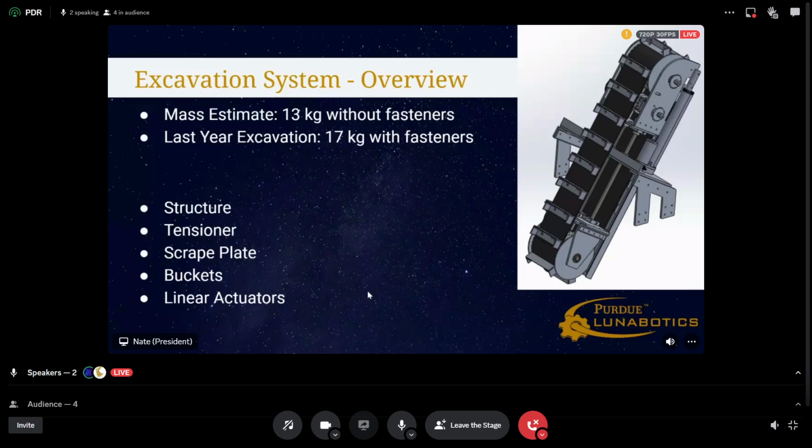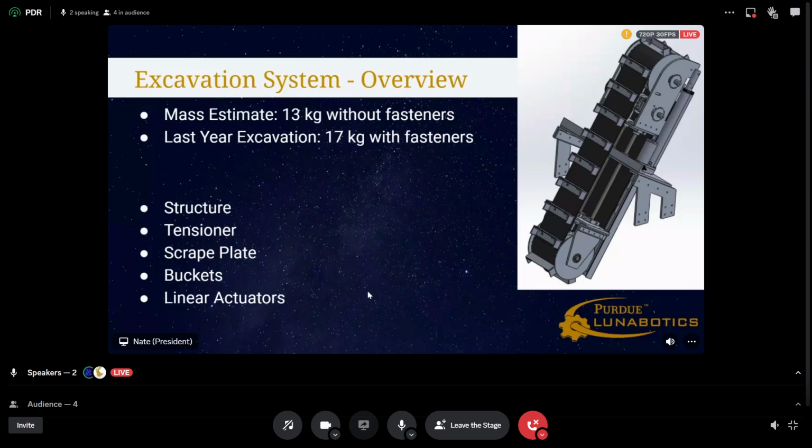Right now, our current model, including the actuation and excavation assembly rolled into one, is 13 kilograms, but we don't have all the fasteners and dust covers and we're missing the chain. So that'll probably increase to about 14, but there are definitely some weight savings we can do on top of what we already have to further optimize the system and really gain back some points from the mass of the robot.